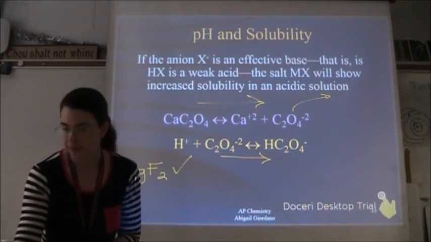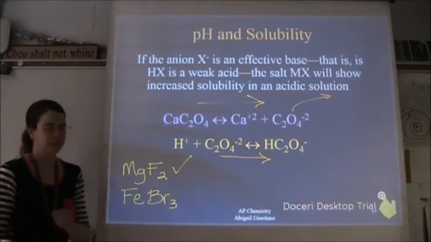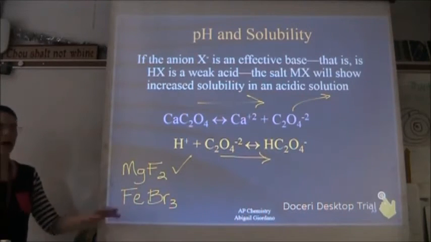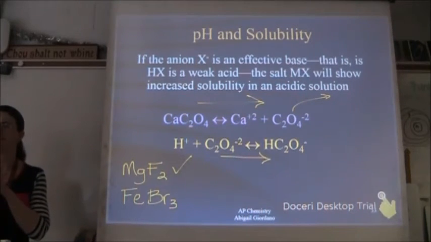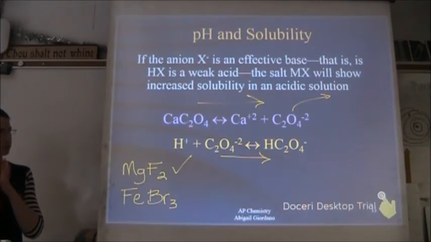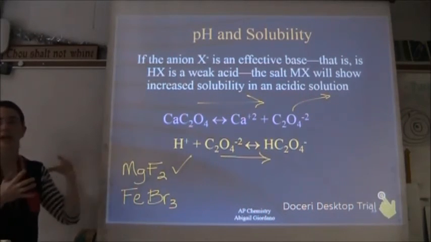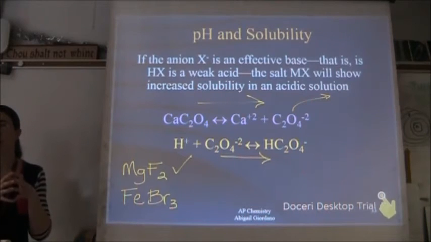Here's another one. Iron 3 bromide. Tell me what you think. The big question is, will the second reaction in yellow happen or not?